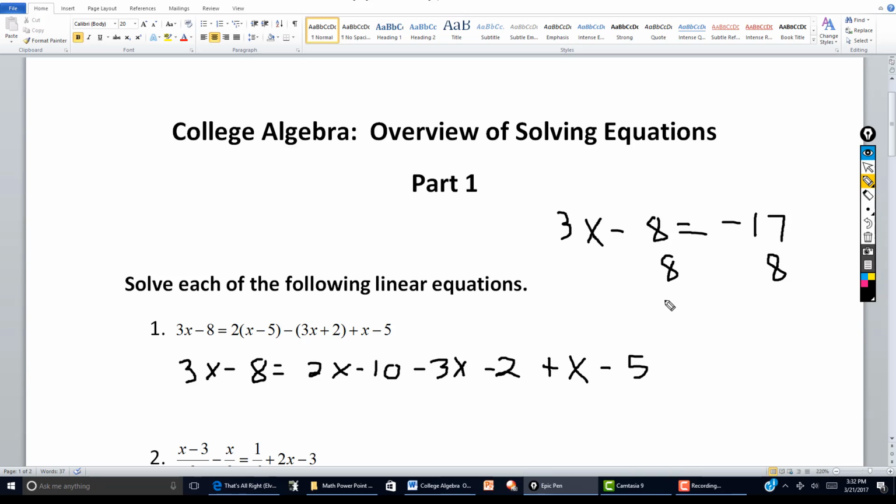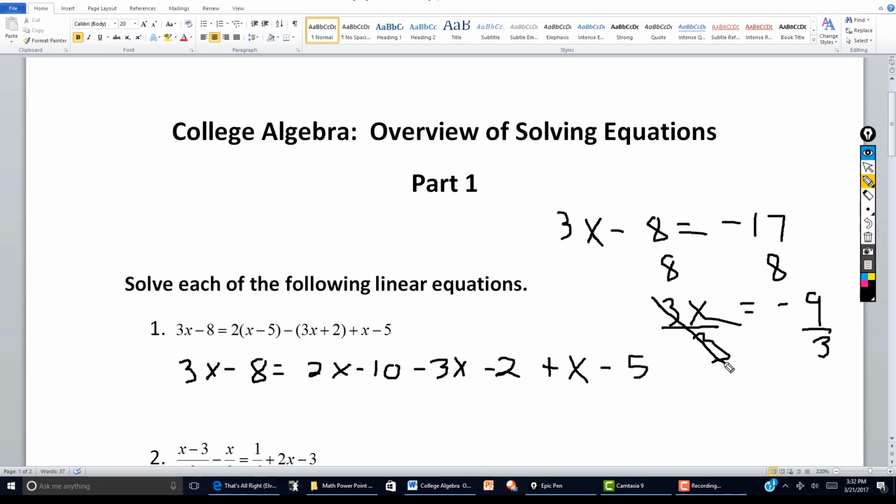So now, the minus 8 and the 8 cancel. I get 3x. Minus 17 and 8 is a minus 9. I divide through by 3 to isolate the variable. These divide out.